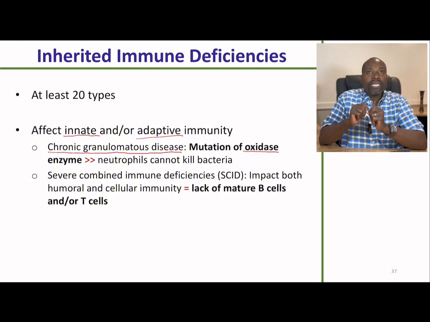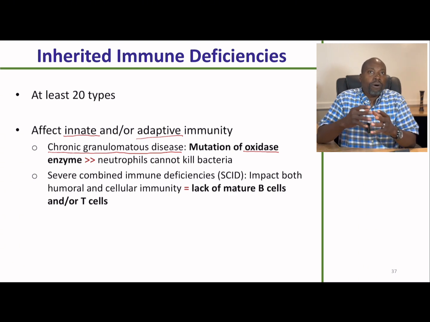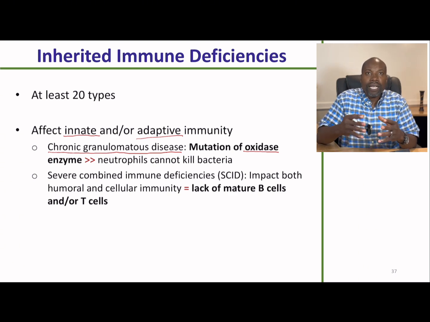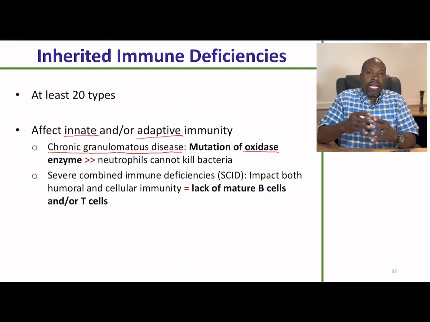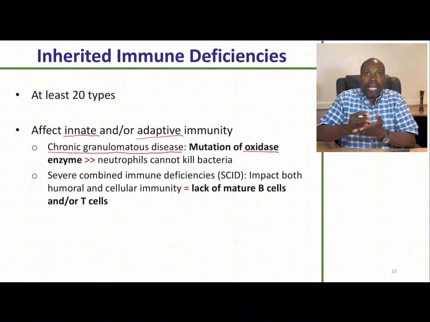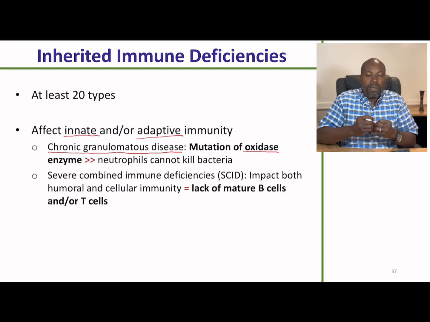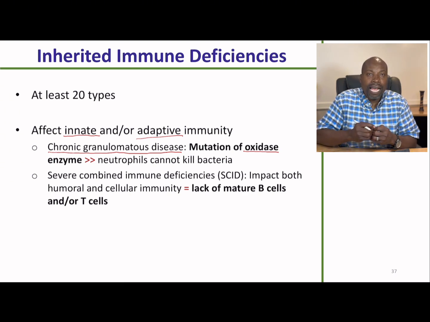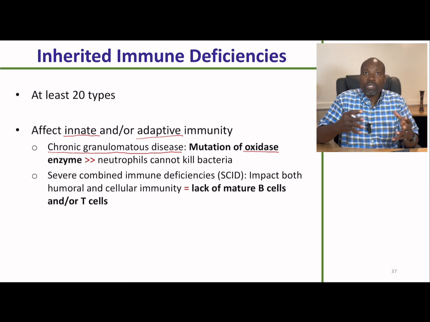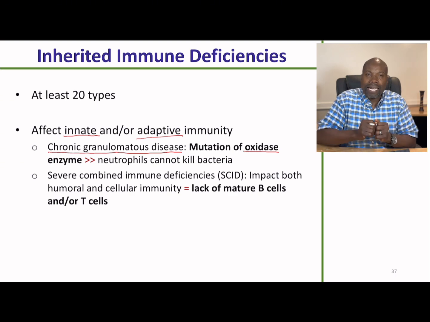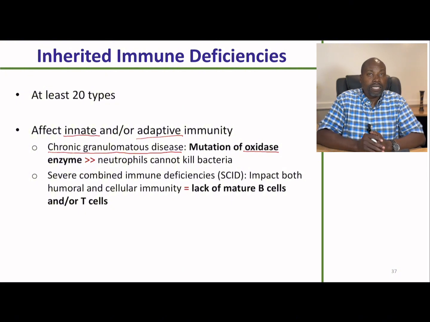When that oxidase is mutated, some white blood cells, more specifically the neutrophils, whose job is to engulf foreign particles, including bacteria, and are supposed to break down this bacteria after they engulf them, well, because of the lack of that enzyme, these neutrophils are not going to be able to destroy the bacteria, which is actually a problem, right?